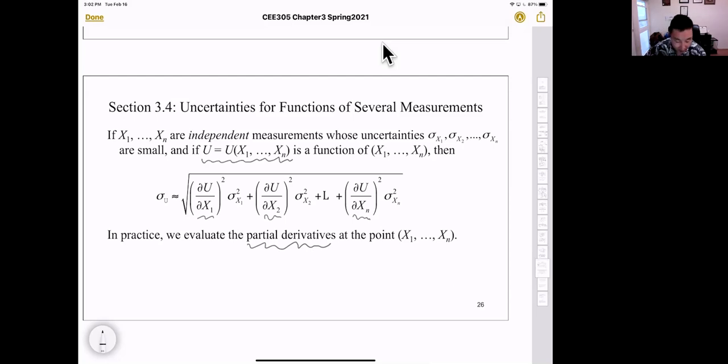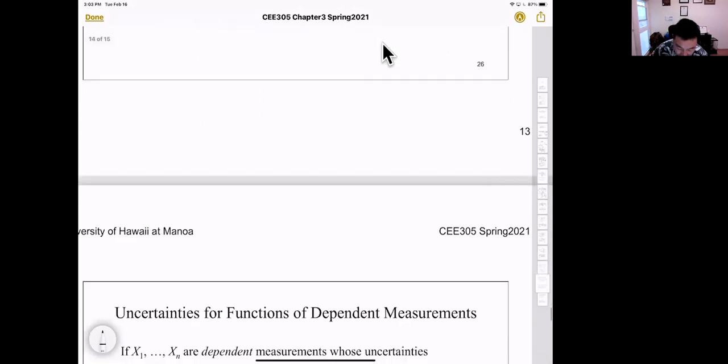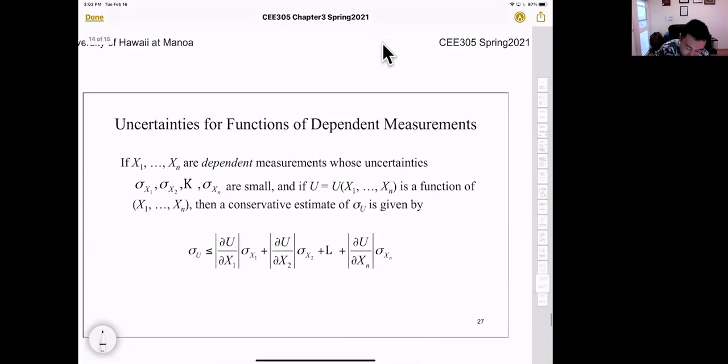This equation is valid when the measurements are independent. If they are not independent, then this will hold true. It's a conservative estimate for function u, when u is a function of x1, x2, and xn.